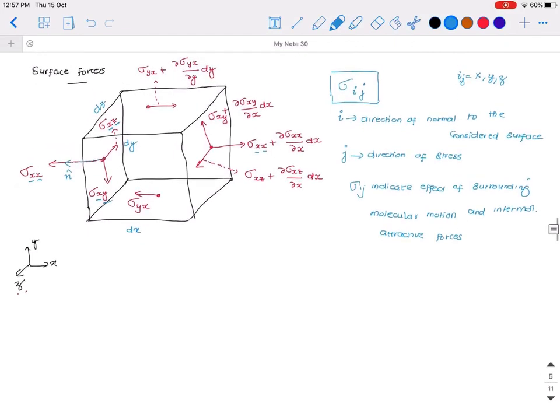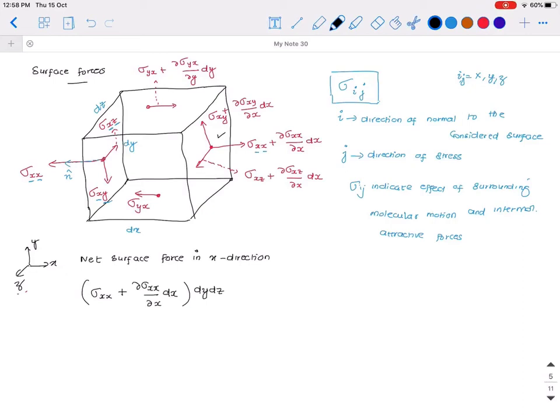Okay, so now let us write the net surface force in x direction. If we consider the right face, that would be sigma xx plus dou sigma xx by dou x dx. This is the amount of stress. Now the force would be multiplied by area, so dy dz.